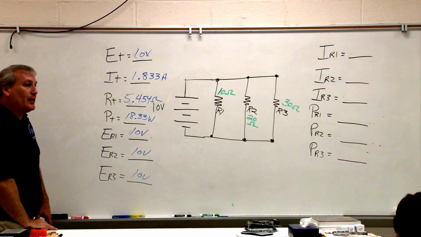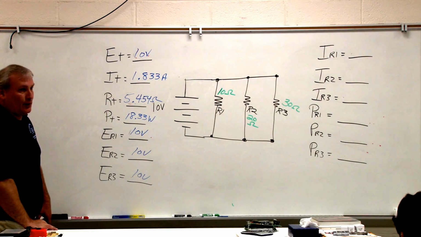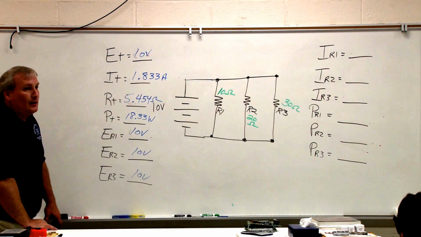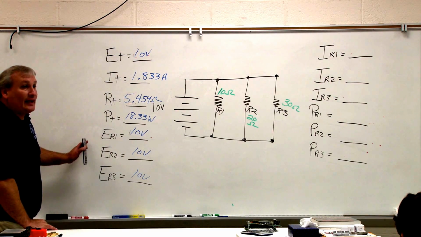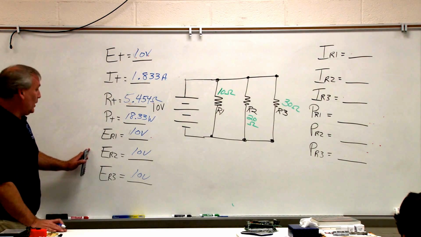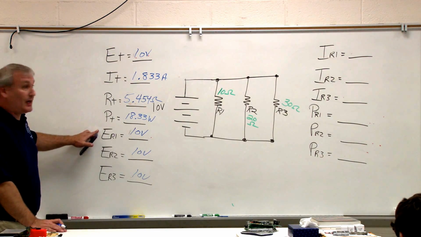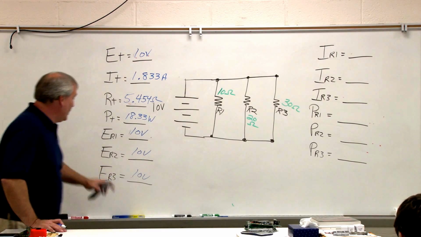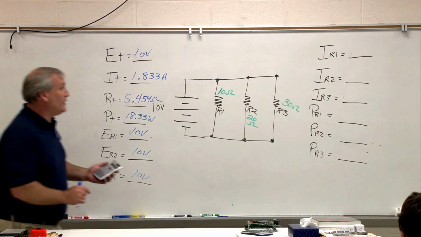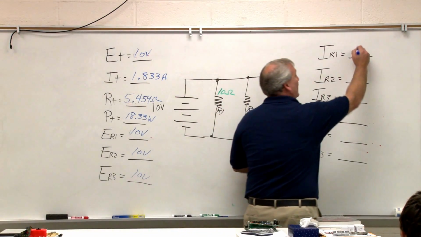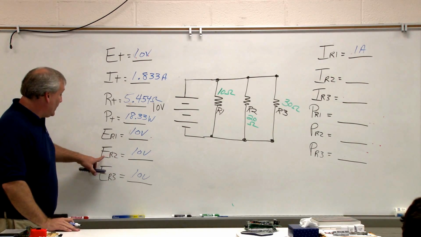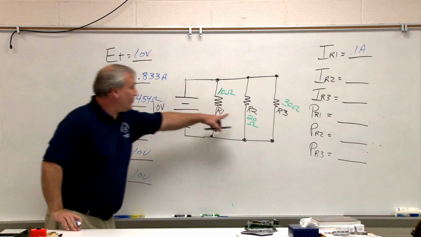Now, how do I solve IR1, IR2, and IR3? Nicole? You do R1 divided by resistor 1? Okay, I would be E over R, right? But we're talking about R1. So we're going to take ER1 divided by the value of R1. So ER1 is 10 volts divided by 10 ohms, and that's going to give me 1 ampere or 1 amp of current. IR2 would be what? ER2 divided by R2.